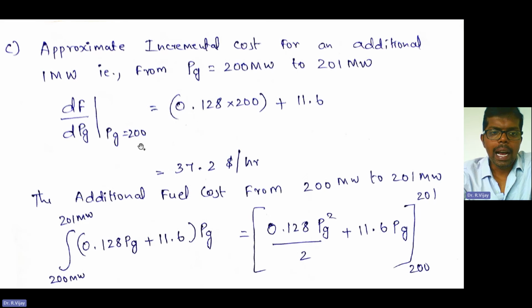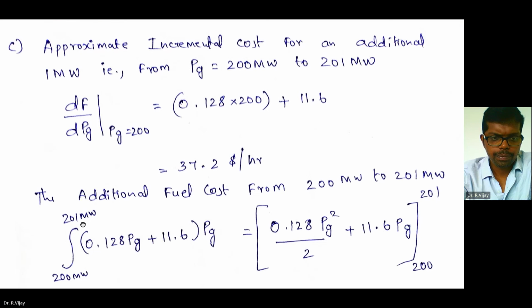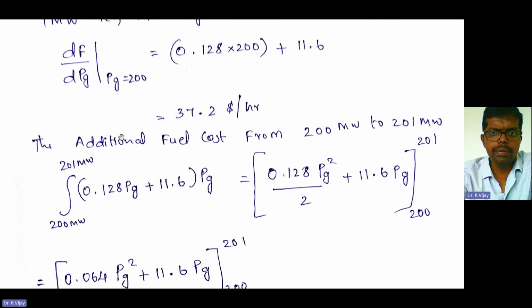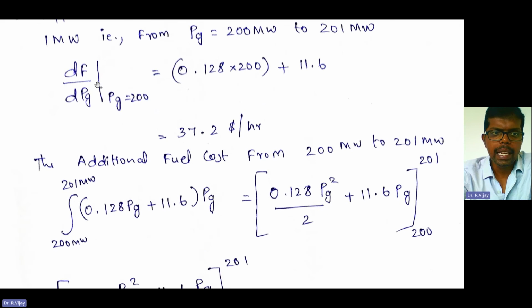Now they ask for the additional fuel cost from 200 megawatt to 201 megawatt. So what we need to do is simply take this dF/dPG and integrate it from 200 megawatt to 201 megawatt.